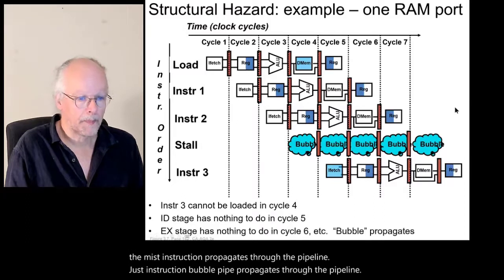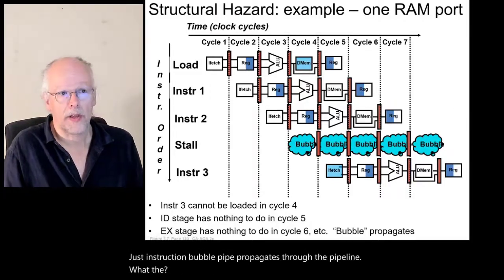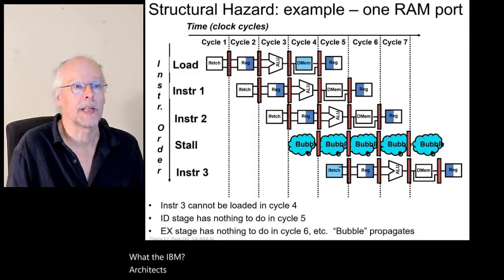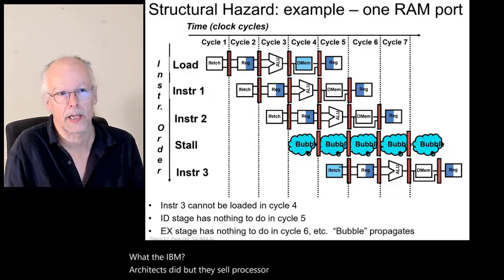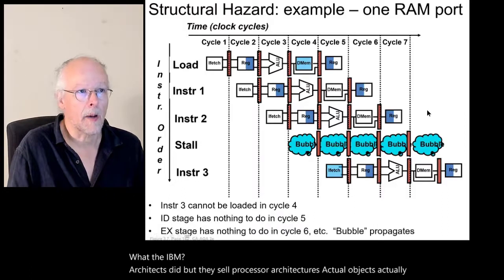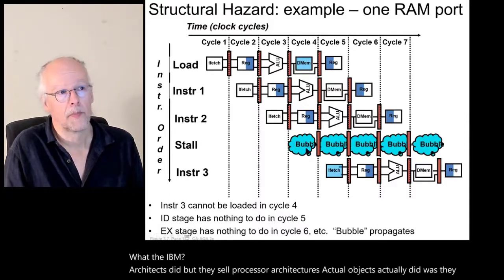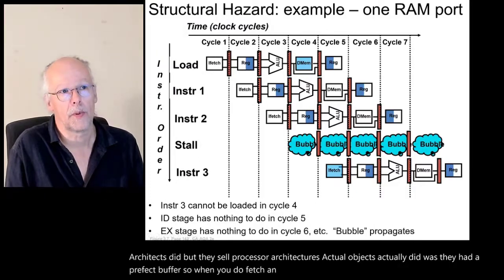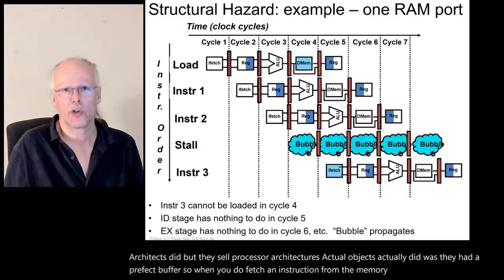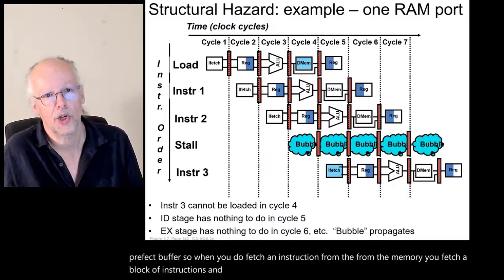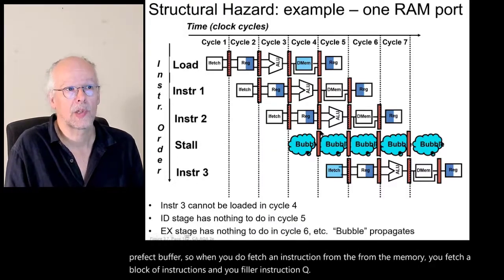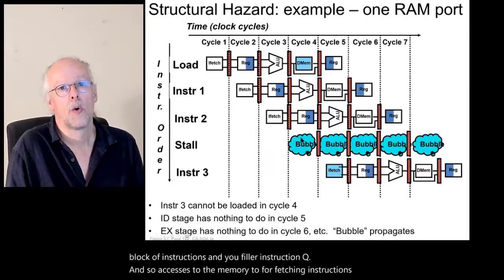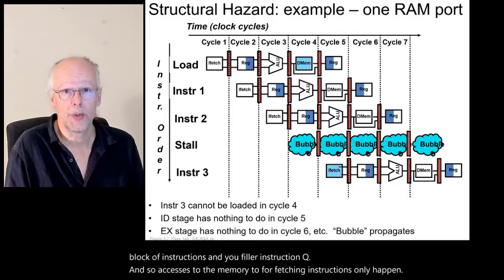What the IBM architects actually did, what the cell processor architects actually did, was they had a prefetch buffer. So when you do fetch an instruction from the memory, you fetch a block of instructions and you fill an instruction queue. And so accesses to the memory for fetching instructions only happen when the queue is empty.